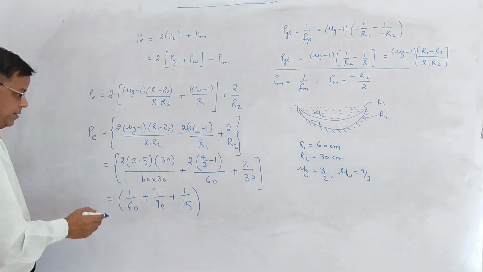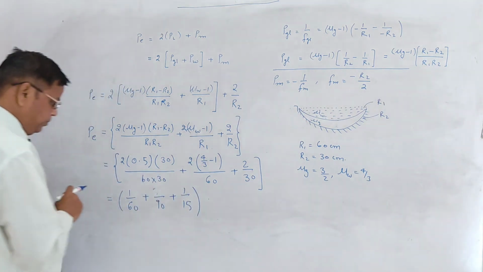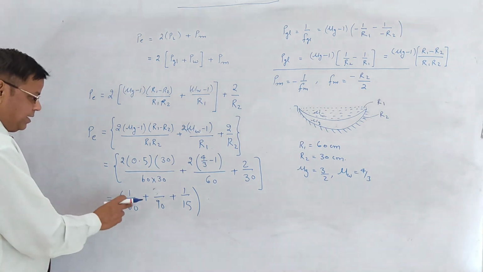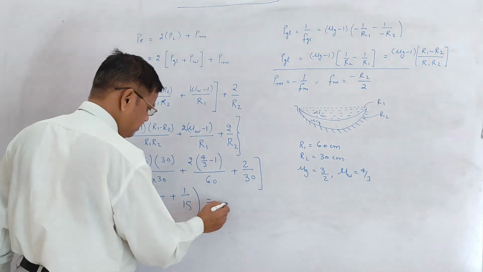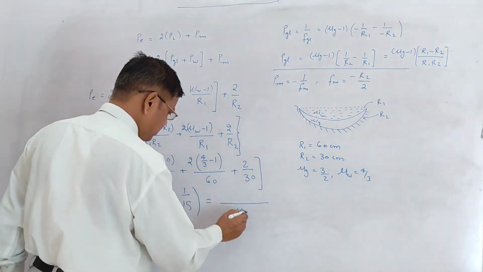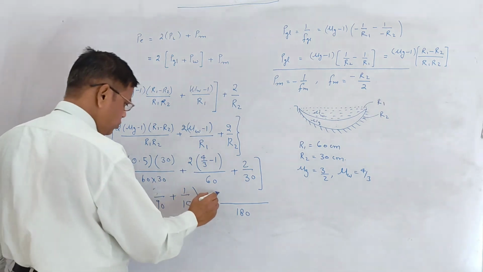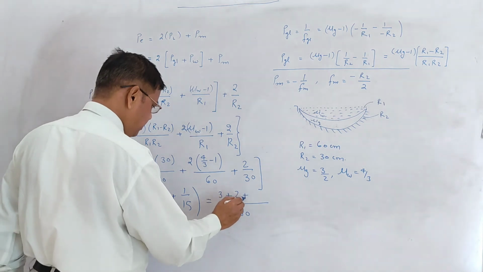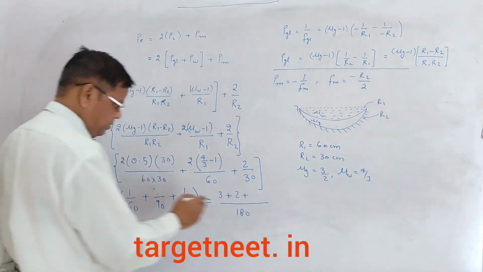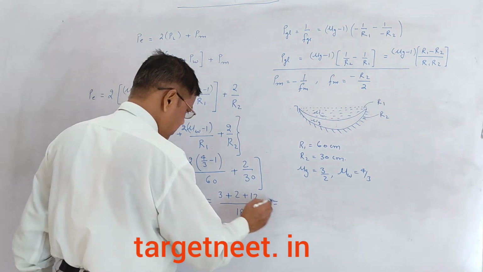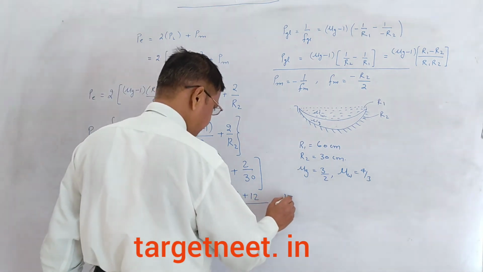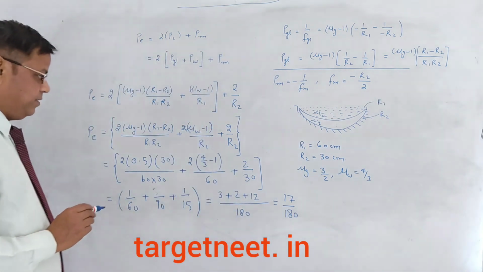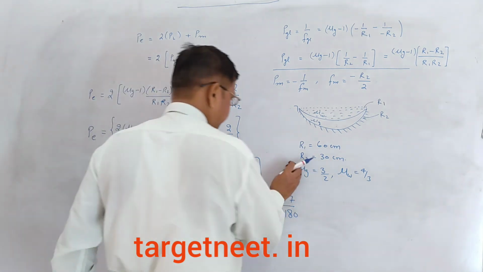So if I take the LCM, 90, no, I can't, 180. If I take LCM 180, then here you're going to get 3 plus 2 plus 12. So it is 17 divided by 180. This is P effective and it is positive.